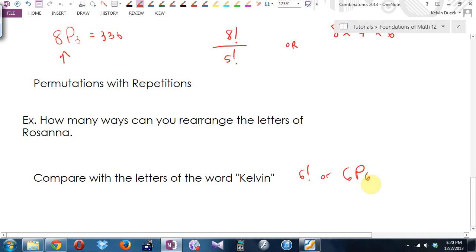In Rosanna's name, we would go 1, 2, 3, 4, 5, 6, 7 factorial over how many R's? 1, yeah. How many O's? 1. Oh, you know what? 2 A's, 2 N's. Whatever the heck that is.